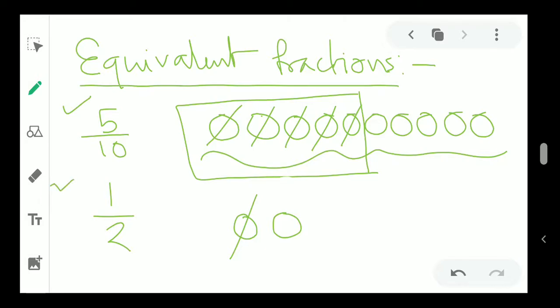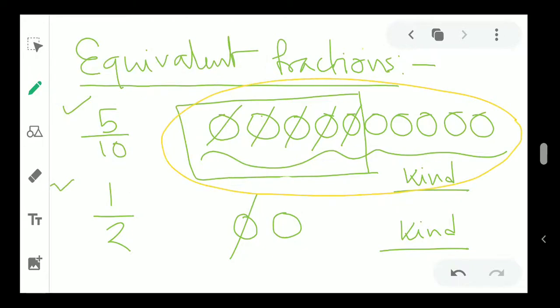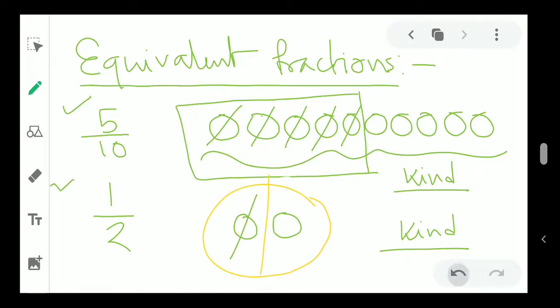But you can see in both cases you are equally kind. Why? Because you have given half of the portion of your whole chocolate. So this situation and this situation is almost the same.